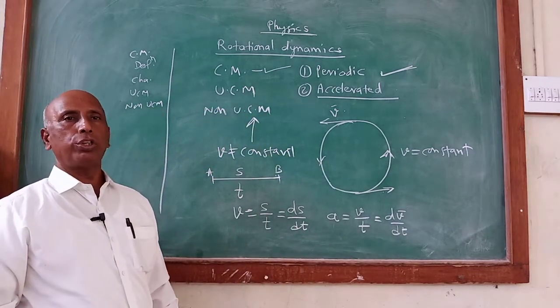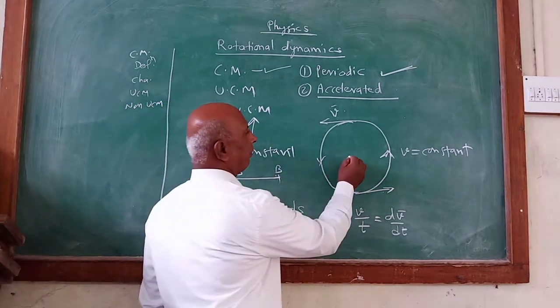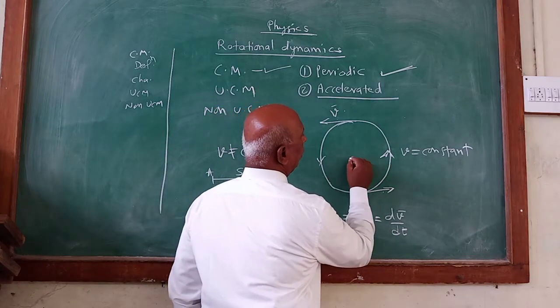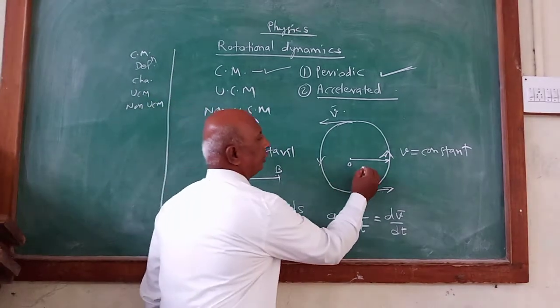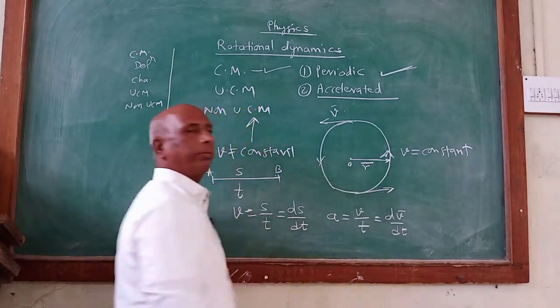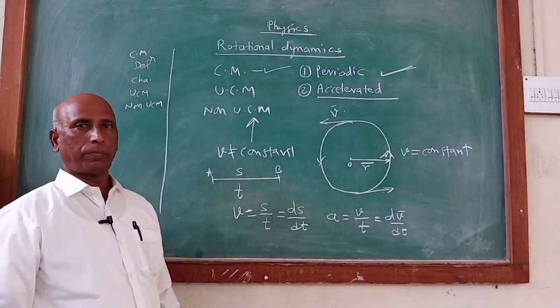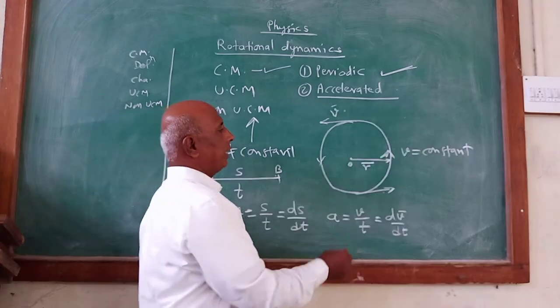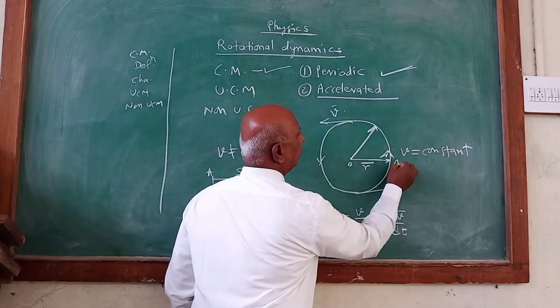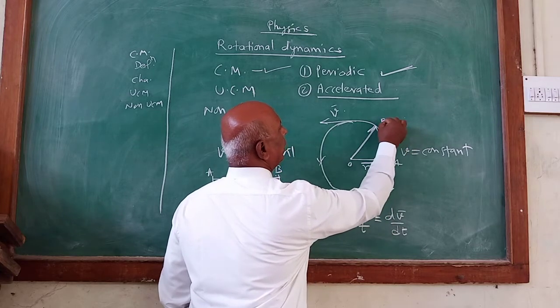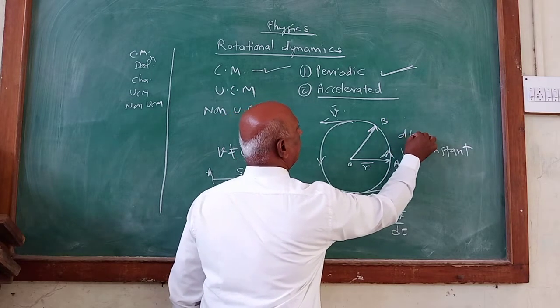In circular motion, we can draw a vector starting from the center to a given position. This vector is called the radius vector or position vector. As time passes, the radius vector rotates. Suppose that the particle moves from point A to point B in time dt.